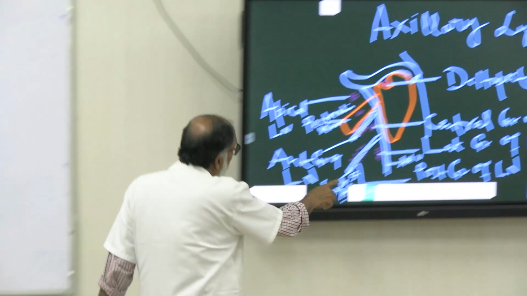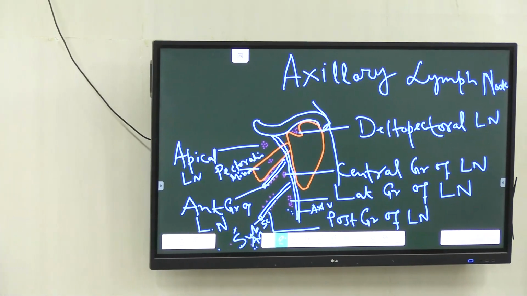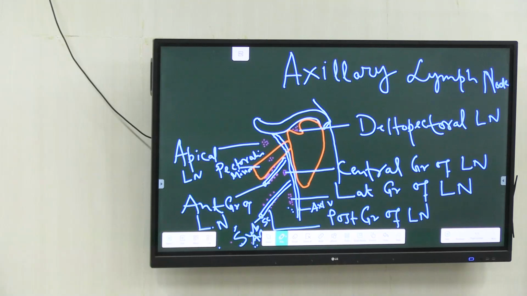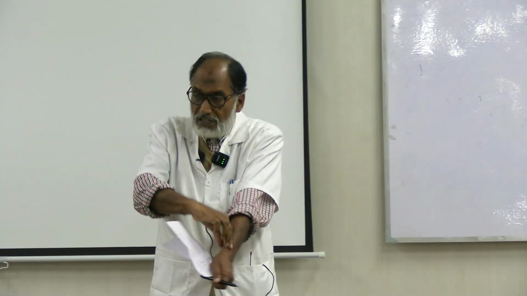This is the lateral group. Here it drains the upper limb except the adjoining area along the cephalic vein. Excluding the cephalic vein area, the rest of the hand is supplied by the lateral group. And that lateral aspect is the deltopectoral groove.